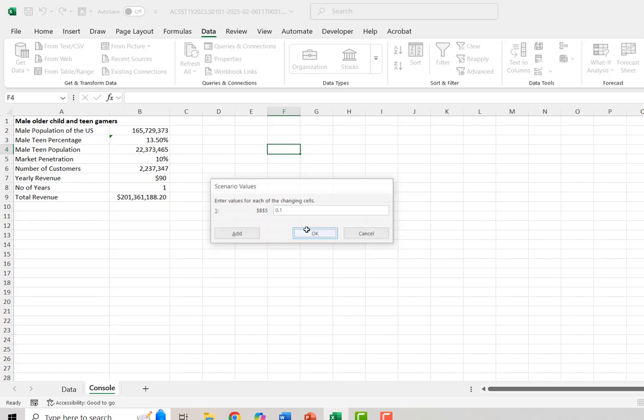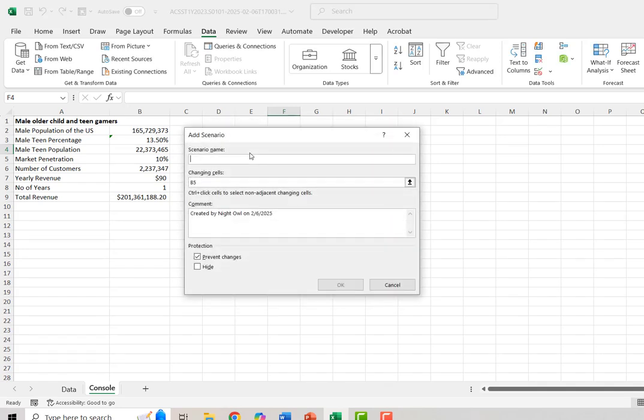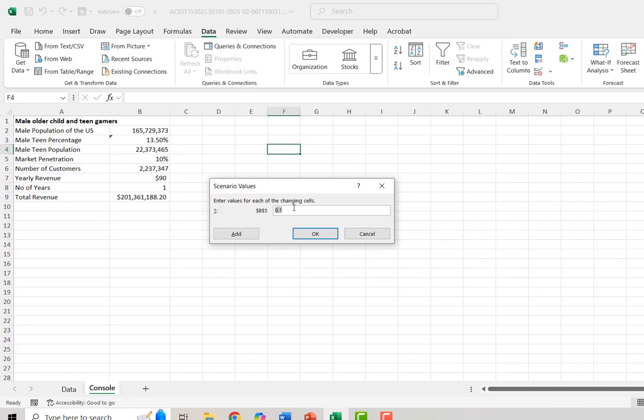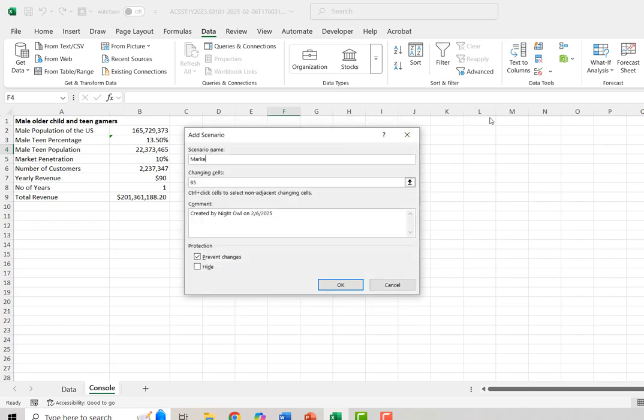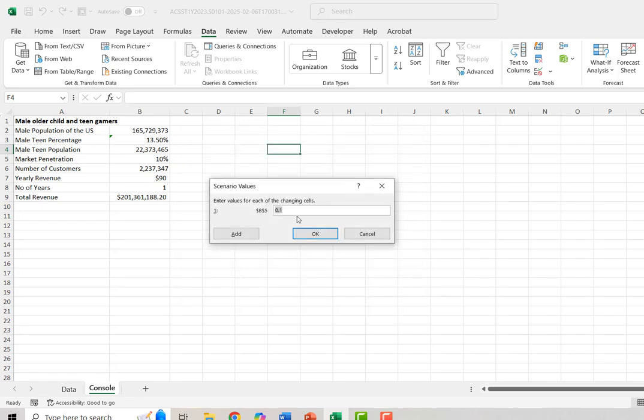And we're going to say "market 5%", and it's going to be 0.05. Then "market 15%", and it's going to be 0.15.